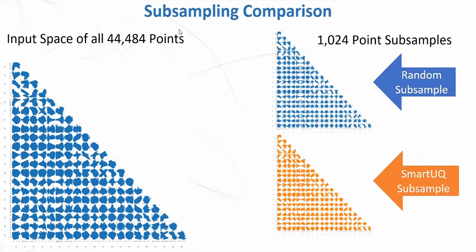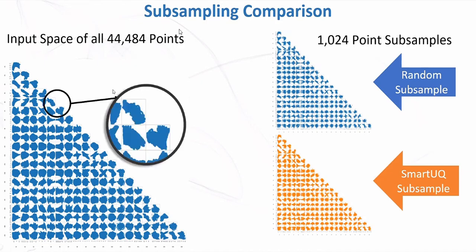And we can see as well those same projections, but just for the 1,000 points or so taken randomly, and the ones sampled according to SmartUQ. Now, this is a lot of projections. Everything's kind of small. So for the sake of illustration here, I'm going to zoom in on just one section. We can see that these projections have some characteristic shape, some characteristic behavior to them. For instance, this one projection kind of has a heart shape to it.